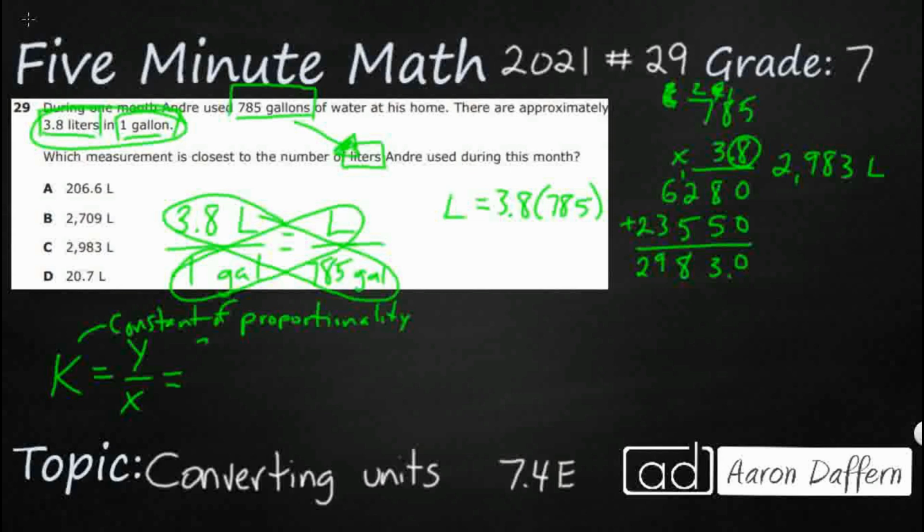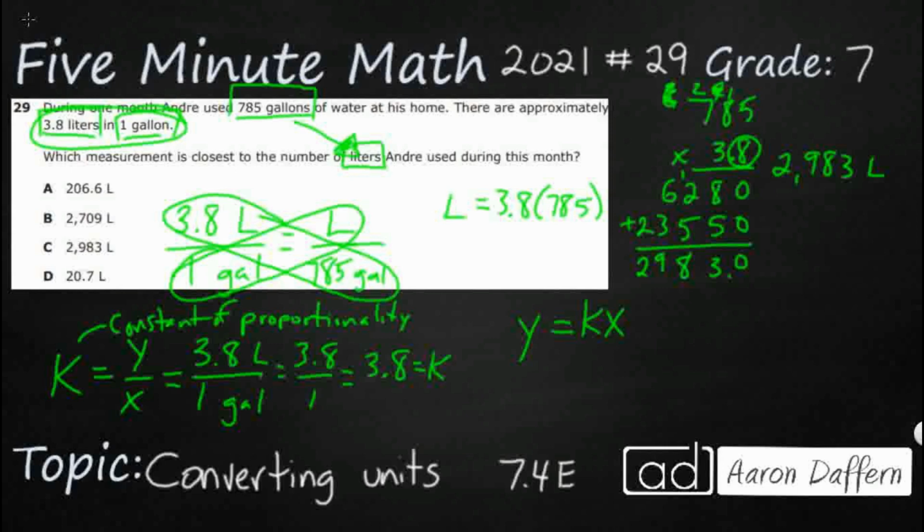So let's just use the ratio they gave us, 3.8 liters equals 1 gallon. Now if we drop our units, it's just 3.8 over 1. So that's easy, that's just 3.8. So that's our k. Our k equals 3.8. Now we can go back into our y equals kx equation that we use when we're trying to find the rate of change and how much something has changed.